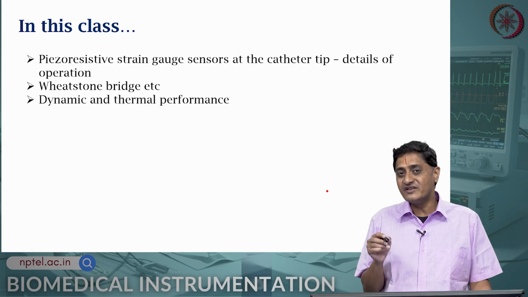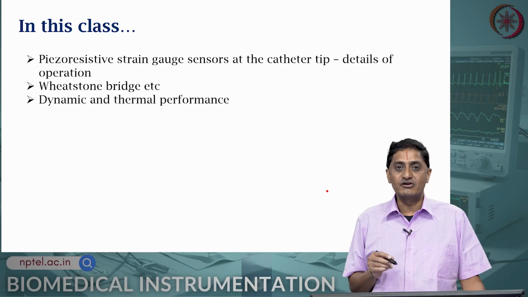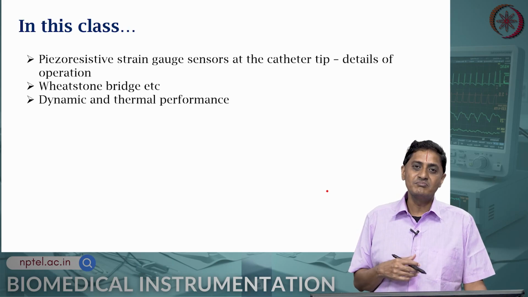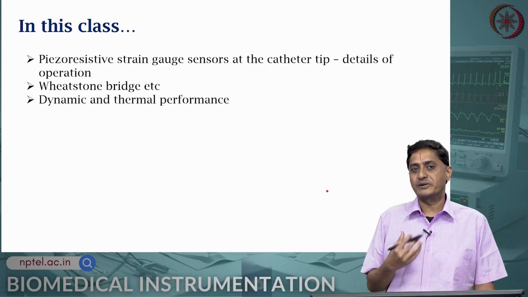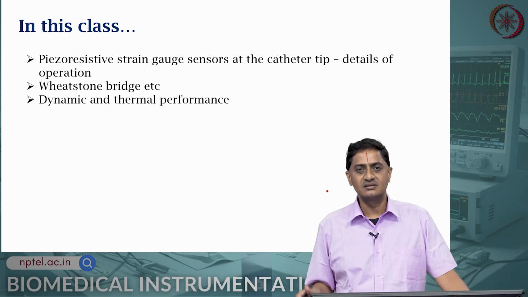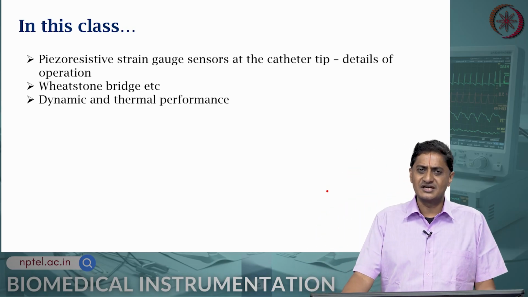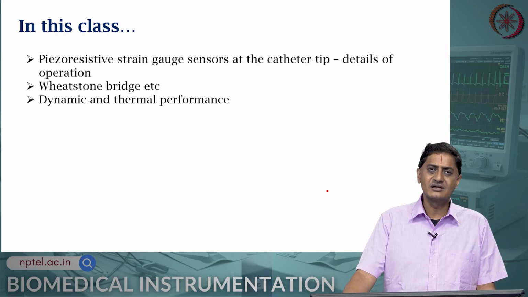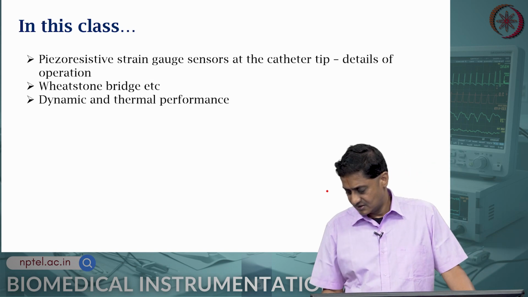Here, we give a very specific example of a catheter tip pressure measurement system and describe the principle of operation, and describe the Wheatstone bridge and its characteristics, which we have discussed previously, and we discuss the dynamic and the thermal performance of the piezoresistive strain gauge sensors.